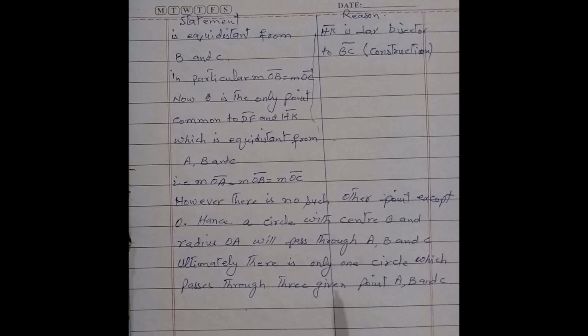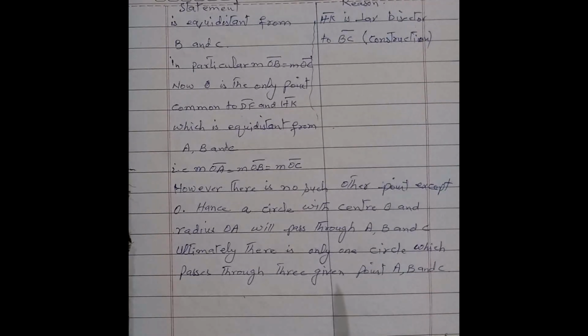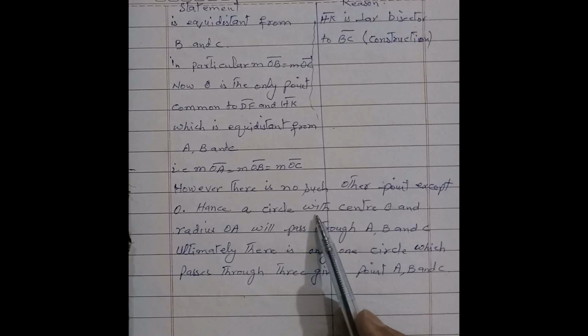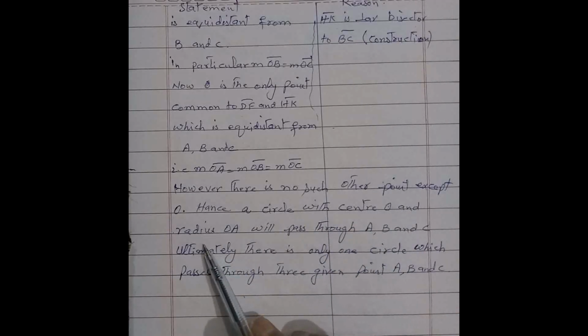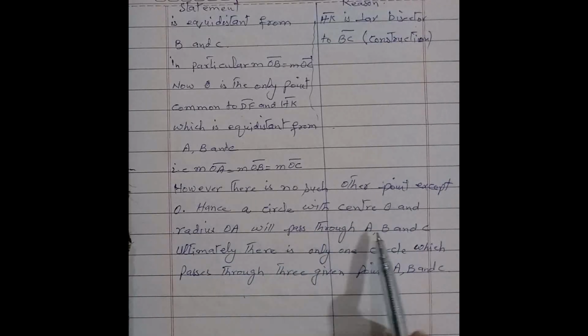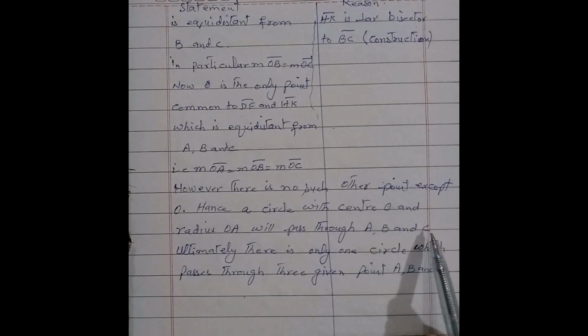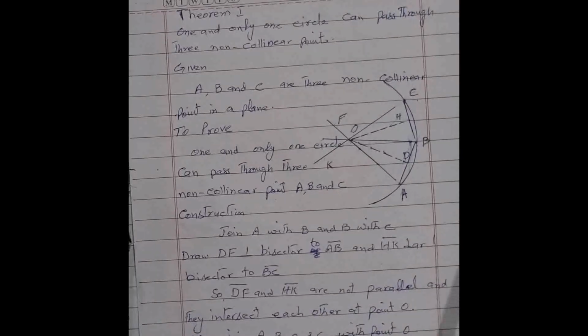However, there is no such other point except O. Hence, the circle with center O and radius OA will pass through A, B and C. Ultimately, there is only one circle which passes through three given points A, B and C. And it is the first theorem of the chapter.